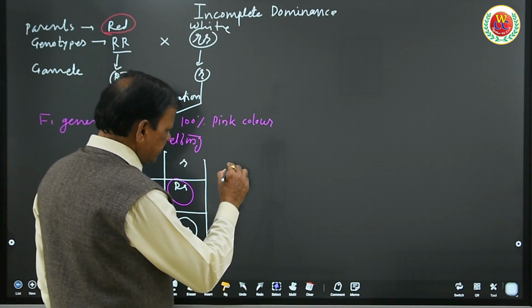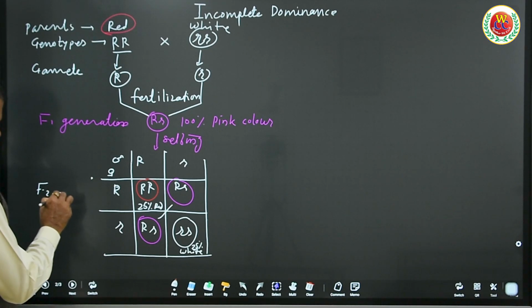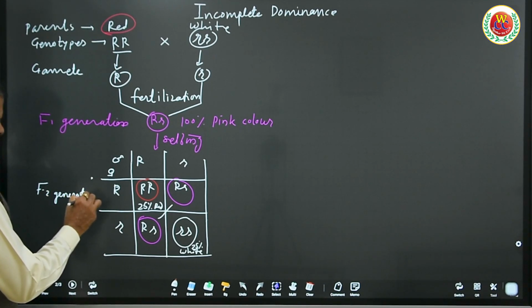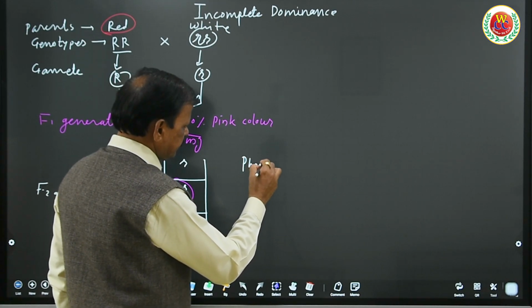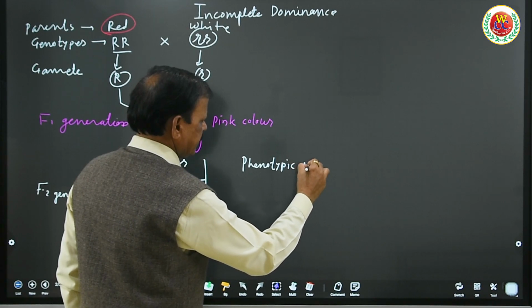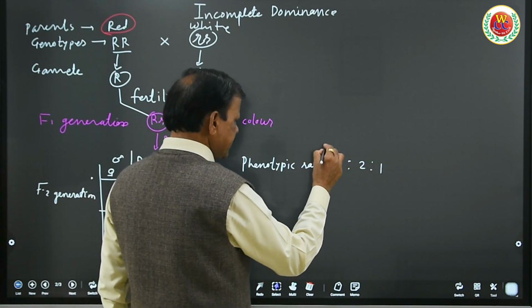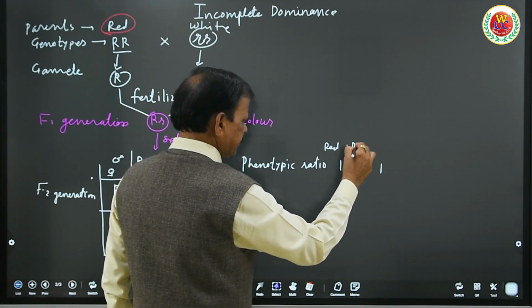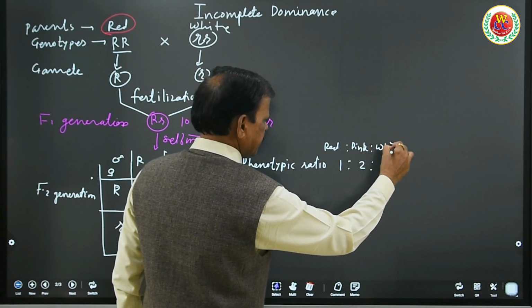So the phenotypic ratio in this F2 generation is 1 is to 2 is to 1, that is red is to pink is to white.